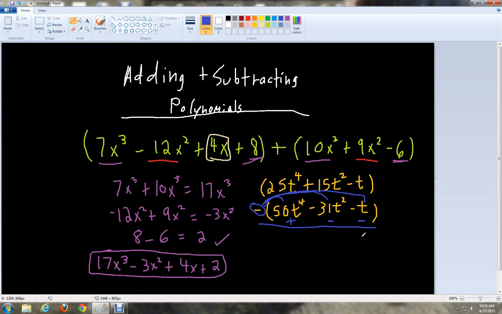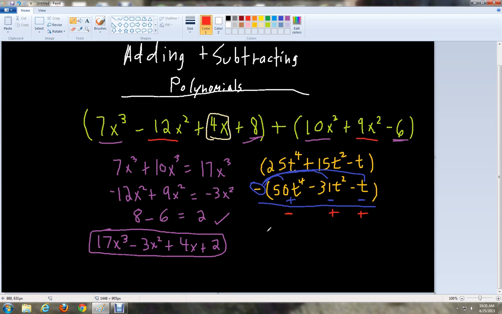But when we distribute the negative sign to all three of these terms, we have to change the sign. So 50t to the fourth will become negative. The negative 31t squared will become positive. And the negative t will become positive. So it actually changes the sign of the terms, and then you can add those changed terms to the first polynomial.